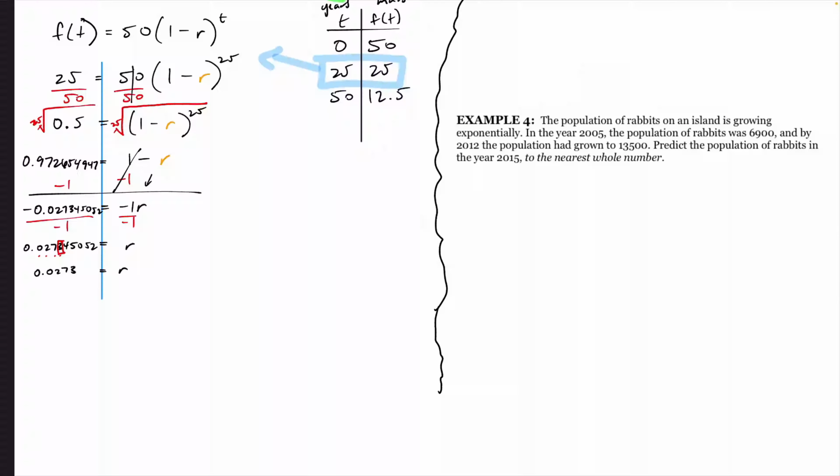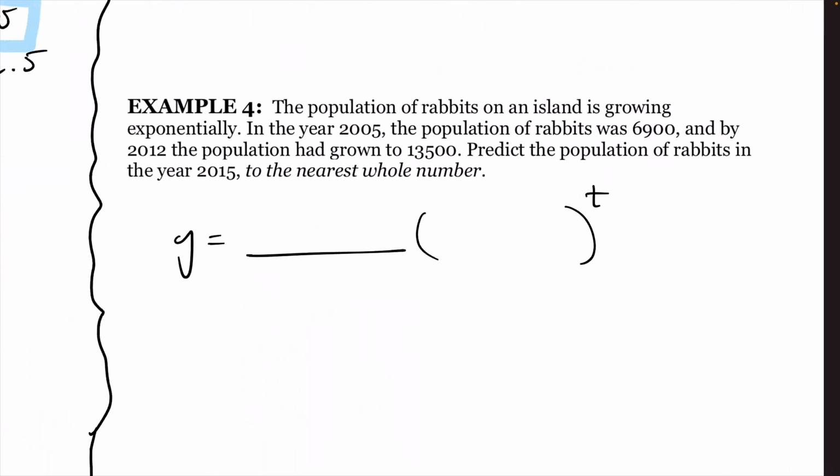All right. So what I want you to do for number 4 is start building. What do you know? What are you missing? So look at number 4. It talks about rabbits. So read the question.